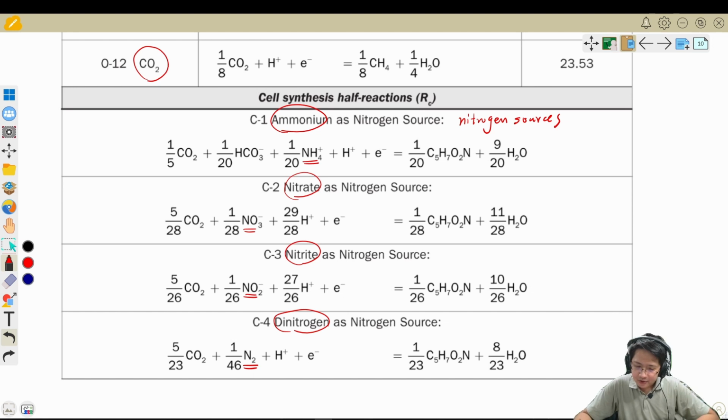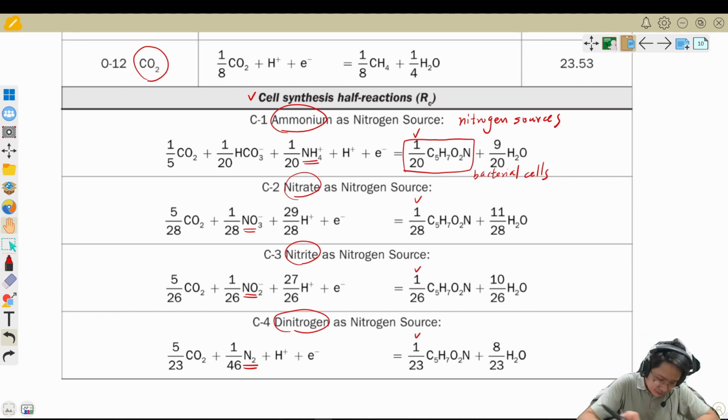So basically they are all cell synthesis half reactions. You will see here your final products are all C5H7O2N, that is bacterial cells. But if you are using different nitrogen sources, you will get different balancing molar ratios for how much bacterial cells you are producing.